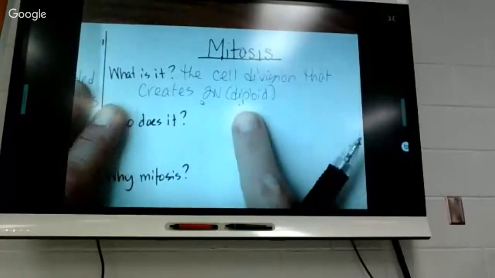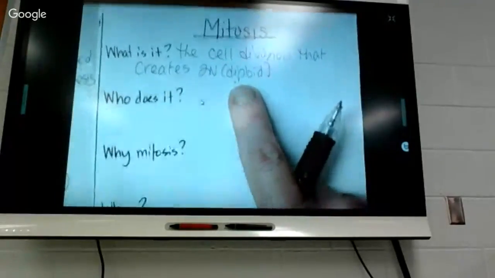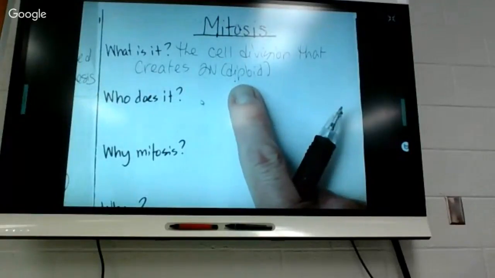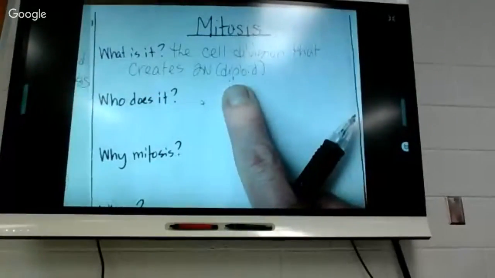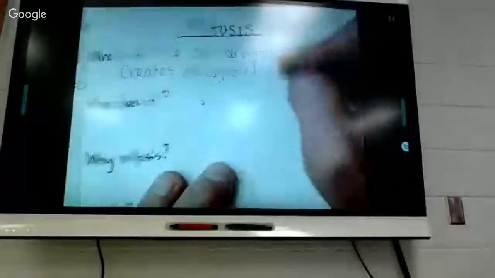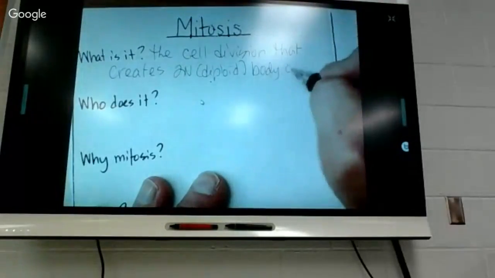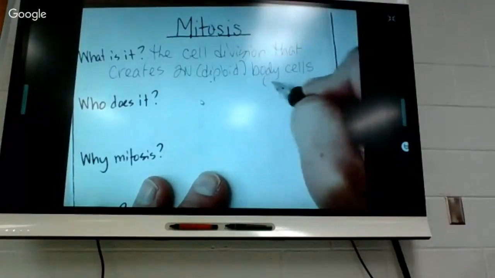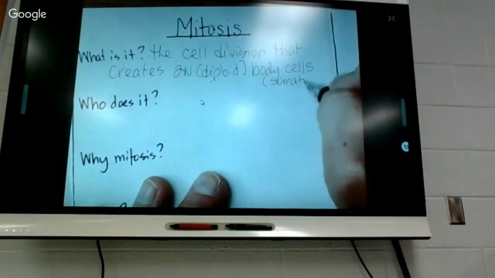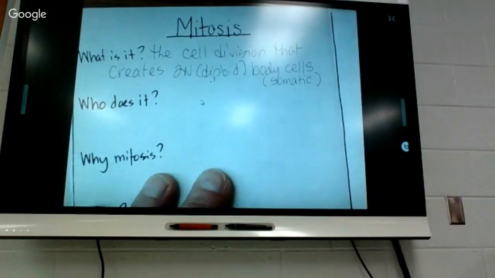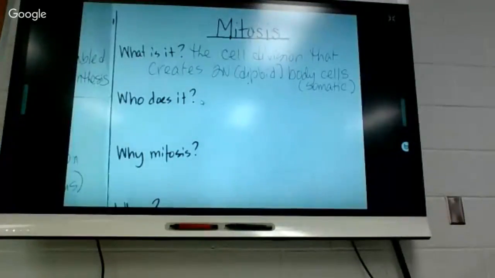If you don't remember that 2N means diploid, I'd write the word. If you do remember 2N's diploid, I wouldn't worry about it. Okay, so the cell division that creates 2N body cells. All right, that's also called somatic cells. So they may use that word instead.